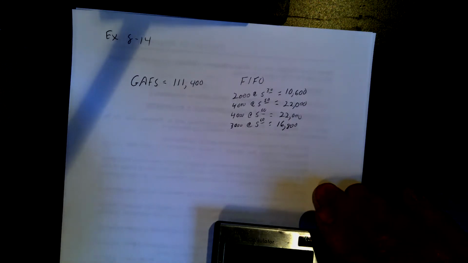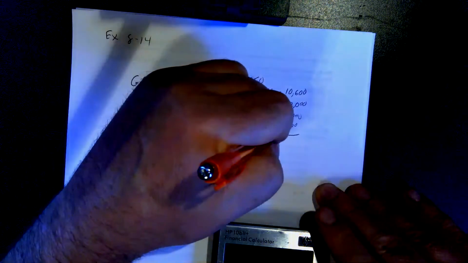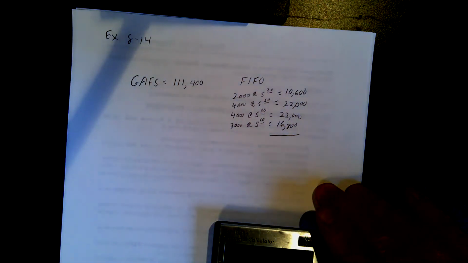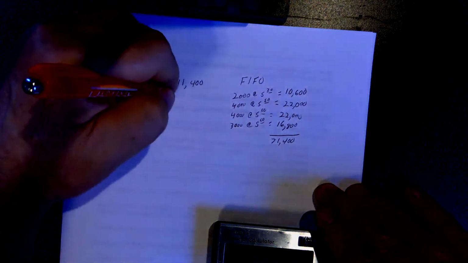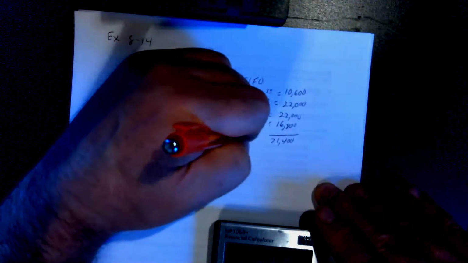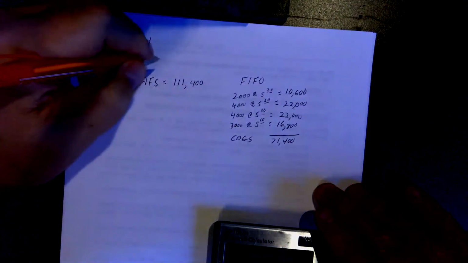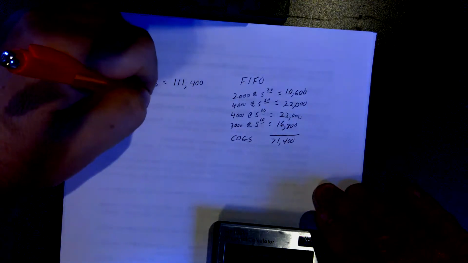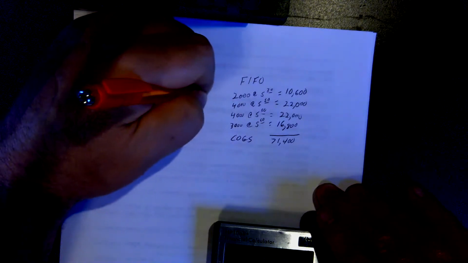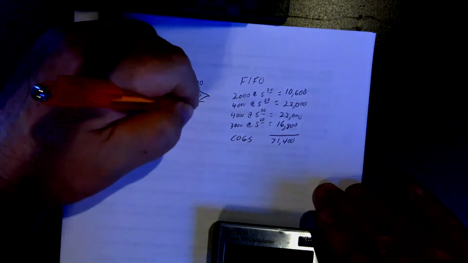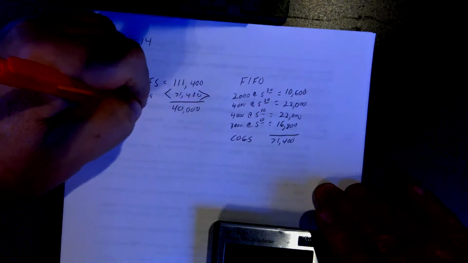units that we sold. We didn't sell any more, so we can add that up. And we get 71,400. So this is our cost of goods sold. Take the cost of goods sold, 71,400. We get 40,000 ending inventory.